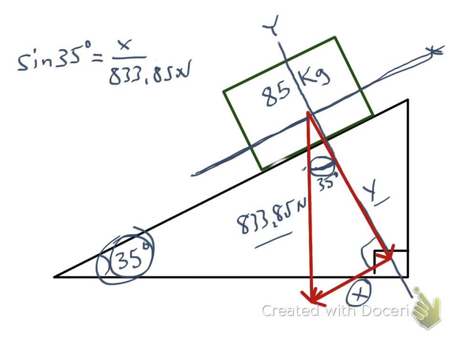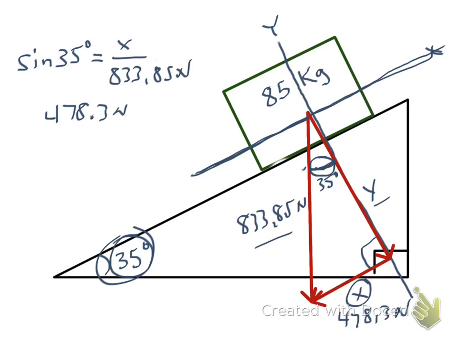Plug that in your calculator, multiply sine of 35 times 833.85, and you would come up with 478.3 newtons. So that's what the x component is, 478.3. That is the part of gravity that's wanting to push the inclined plane down the ramp.